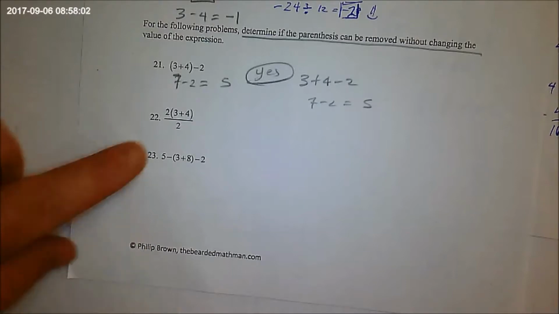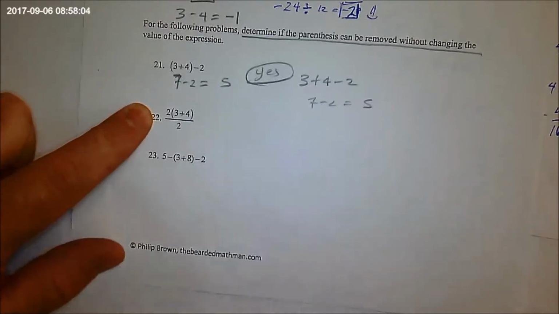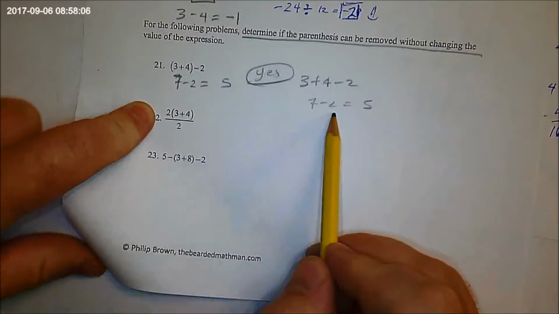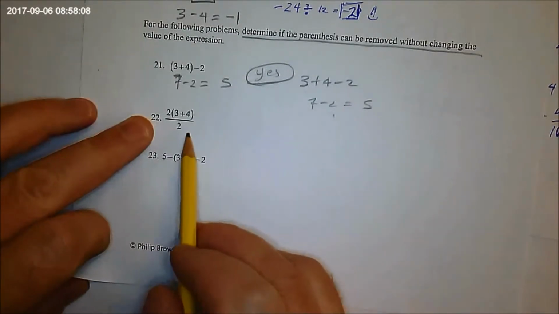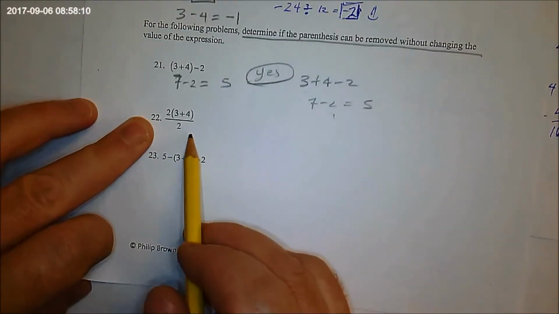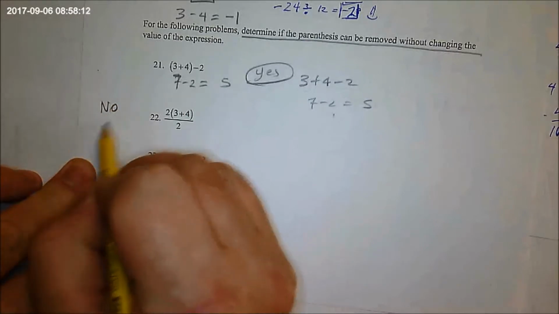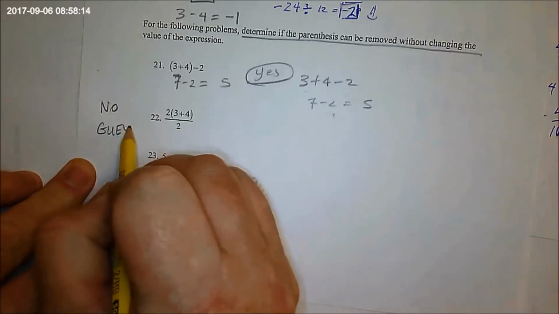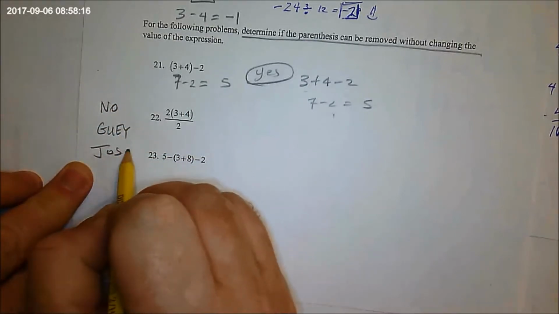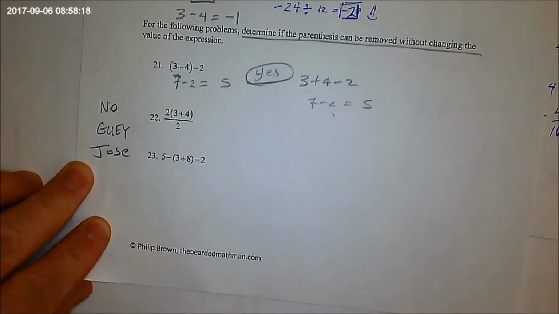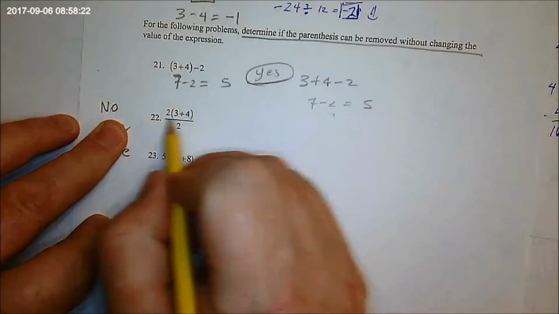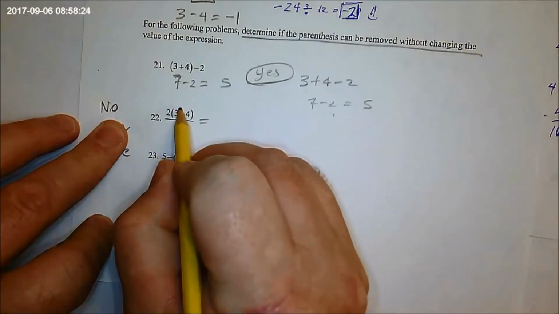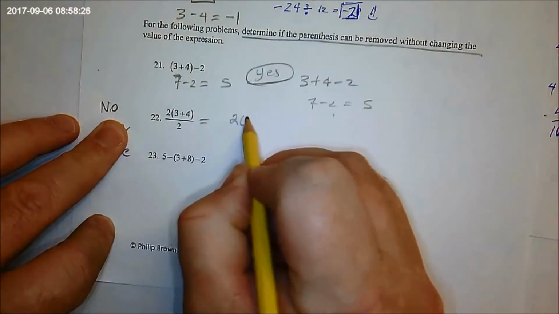This one I can tell you is, oh wait. You guys have questions on that? No? This one's definitely no. In fact, it's no way, Jose. Because with the parentheses, I would have to do this.